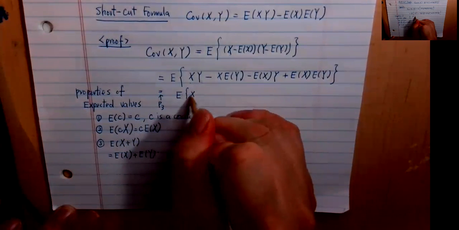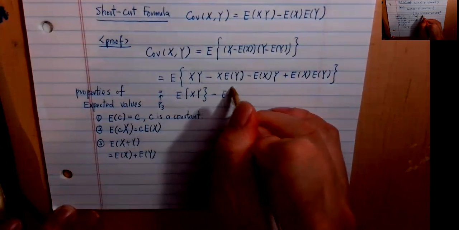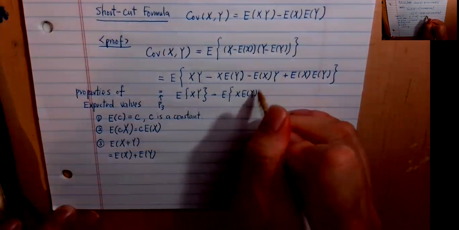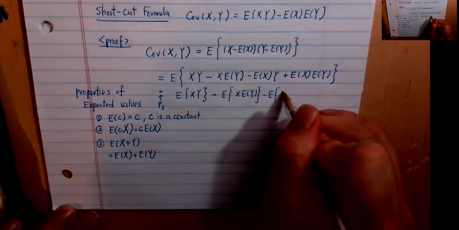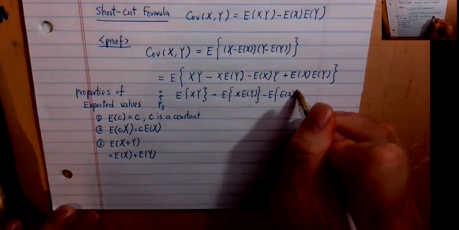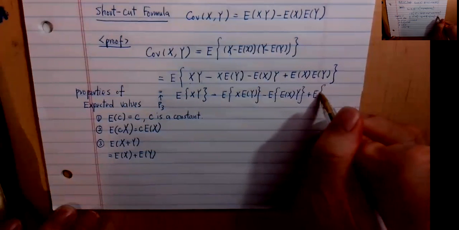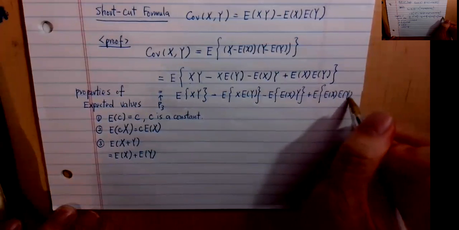First one, expected value of XY. Second one, expected value of X times EY. And next one, minus expected value of EX times Y. And the last term, expected value of EX times EY.